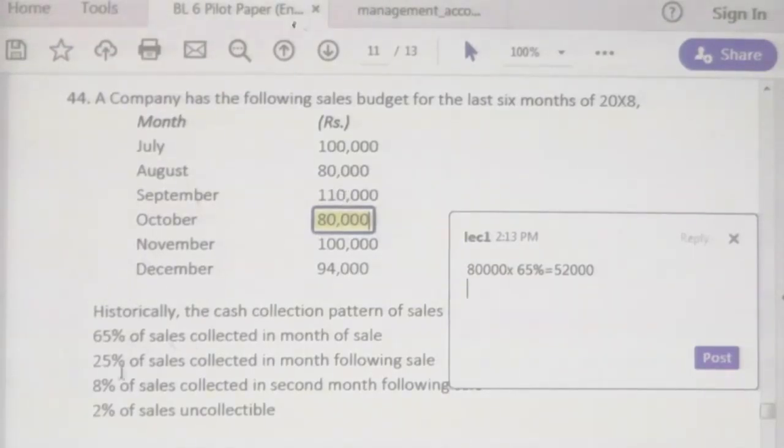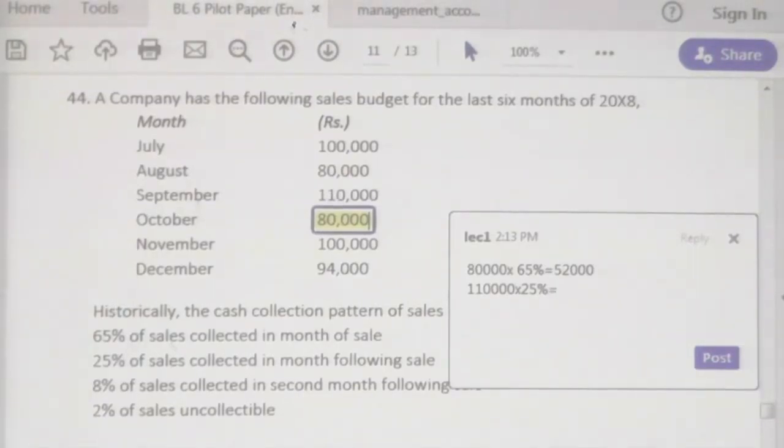Now, you know 25% of sales will be collected in the subsequent month. That means during October, you will collect 25% of September sales. That is 110,000 sales in September. Out of that, you can collect 25% in October.